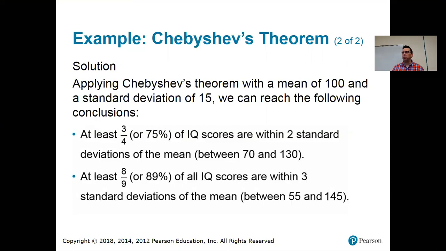And if you put k equals 3 into Chebyshev's theorem, you get at least 89% of IQ scores are within 3 standard deviations, which would be between 55 and 145. The only thing that I don't really like about this example is that IQ scores are bell-shaped. So you can get a much better answer out of the empirical rule. They're just using this as an example.